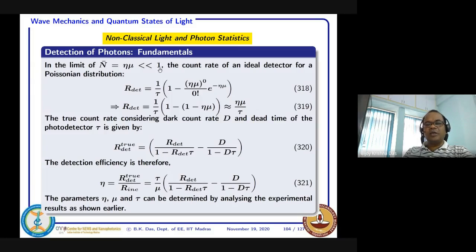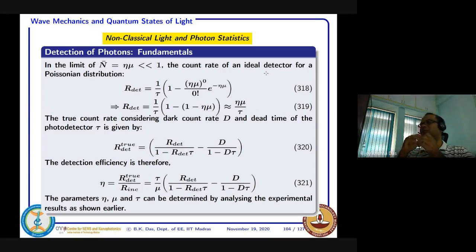So in this type of situation, the count rate of an ideal detector means it will have some eta value, but no delay, no dead time, things happen instantaneously, and also no dark currents, no noise, everything.